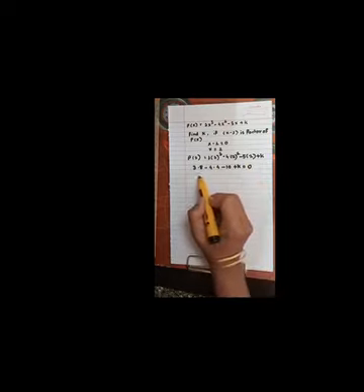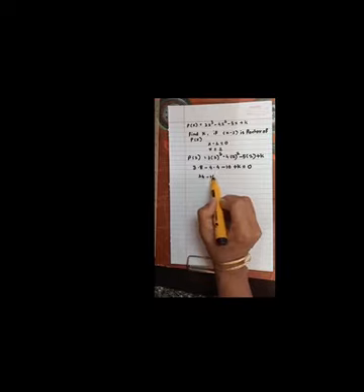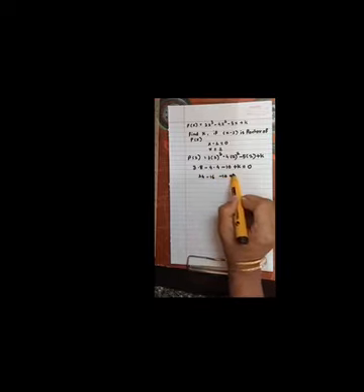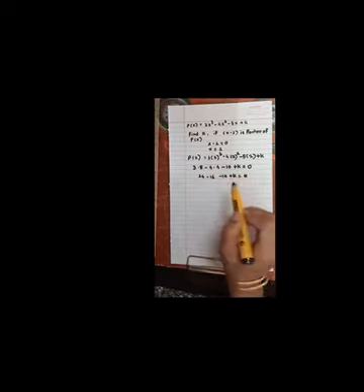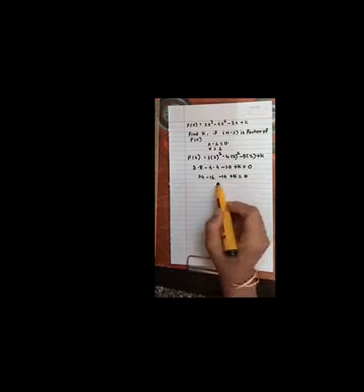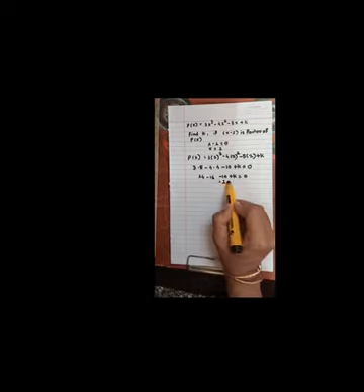So what do you get? You get minus 2 plus k is 0, so k is 2. Simply you can solve the polynomial equation.